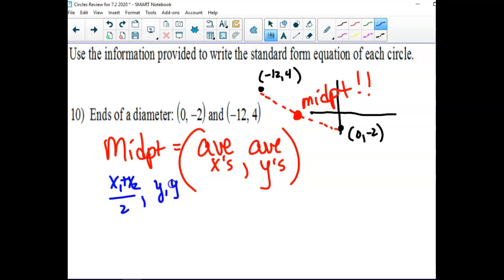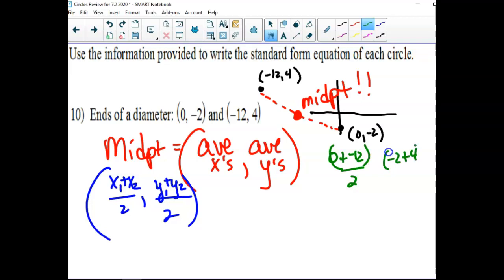Y plus y divided by 2. So what is our midpoint here? 0 plus negative 12 and negative 2 plus 4. Midpoint is at negative 6 and 1.